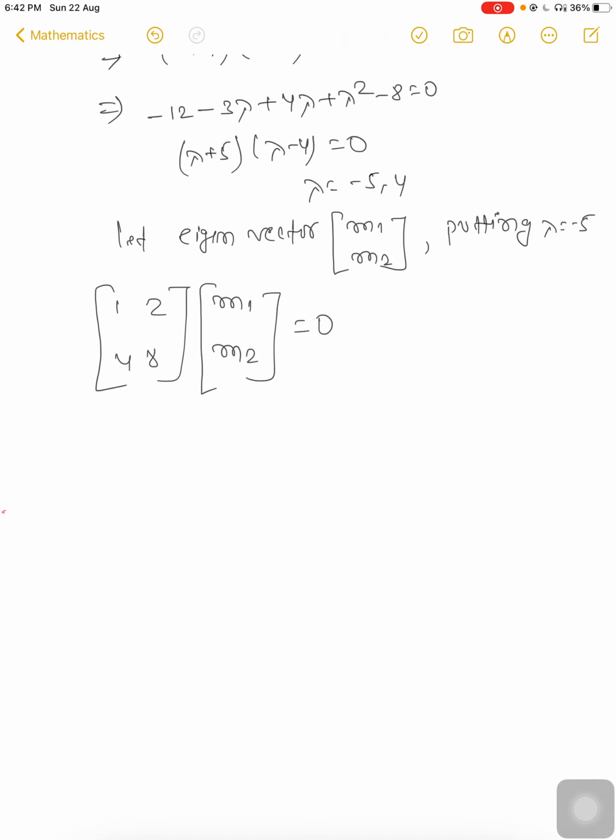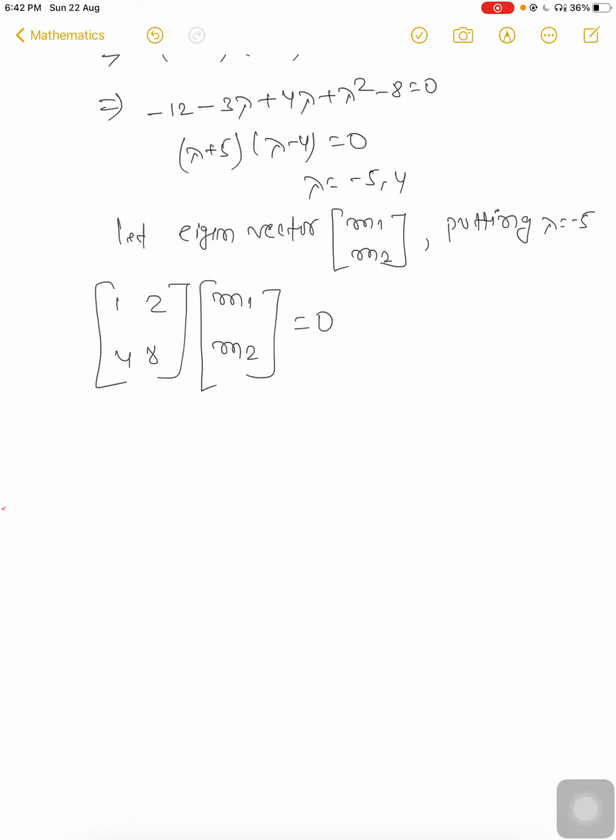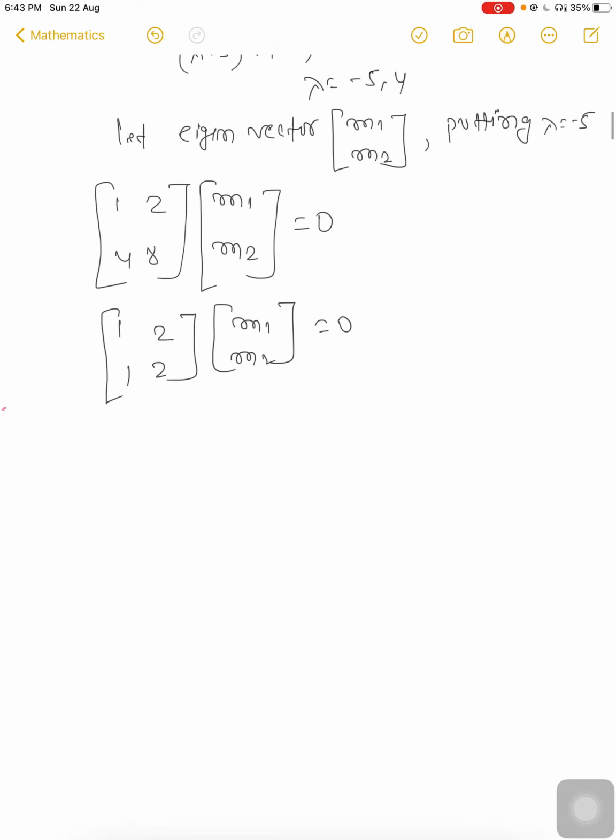Then take 4 common, R2 from R2, and simplify it, then you will get 1, 1, 2, 2 times m1 m2 equal to 0.